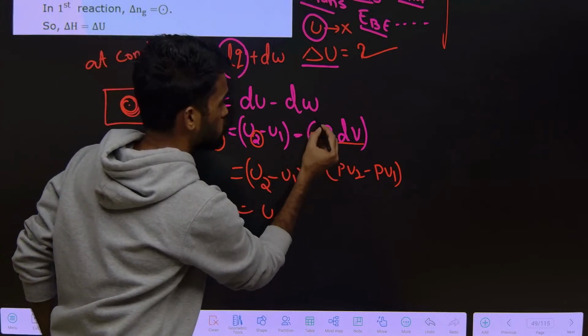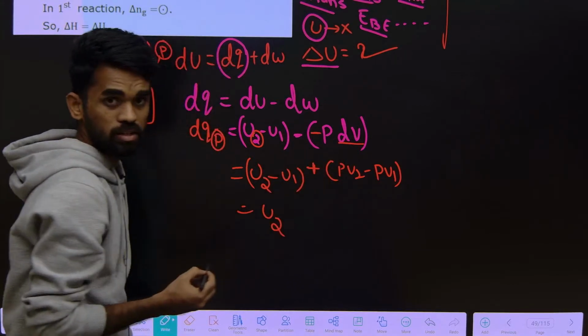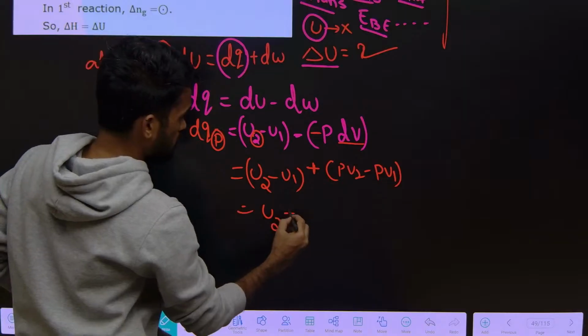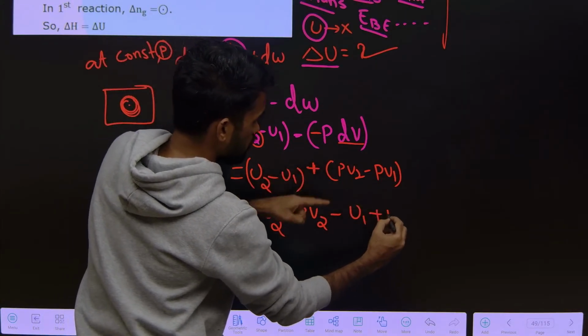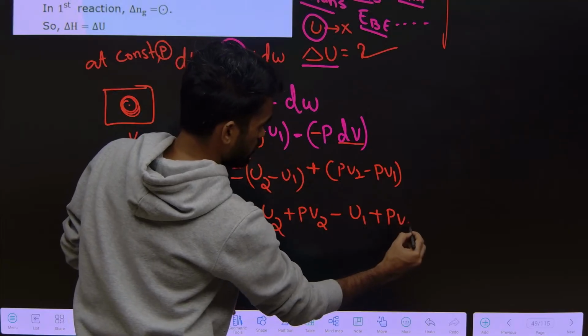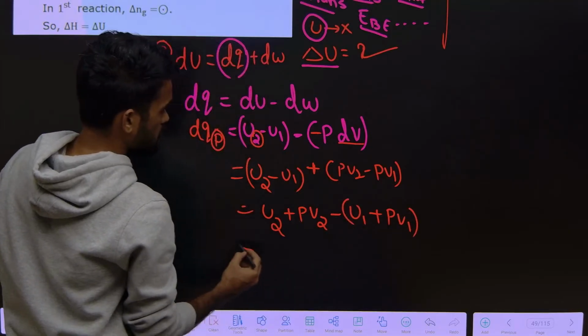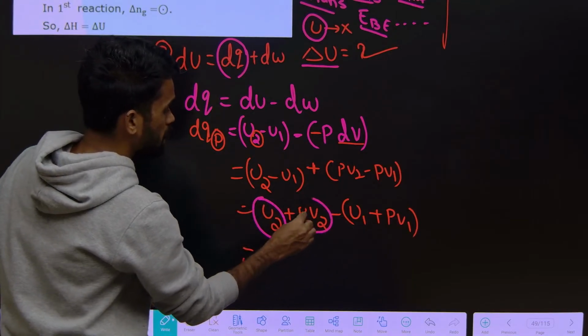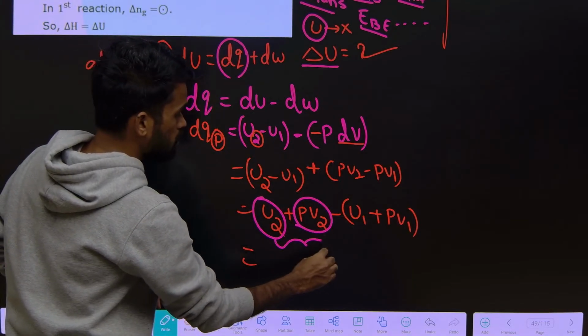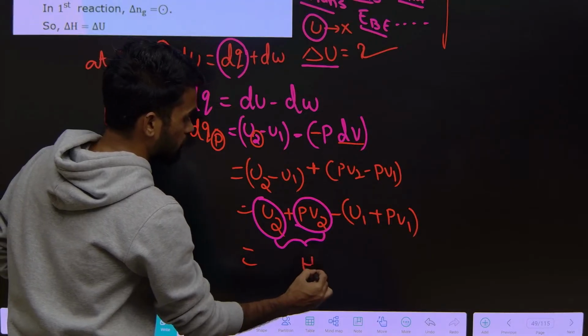Minus PdV, no? So minus of minus becomes plus here. So U2 plus PV2 minus U1 plus PV1, that's it. So this is nothing but the internal energy with some more quantity added, so that together this new quantity is considered as enthalpy H.